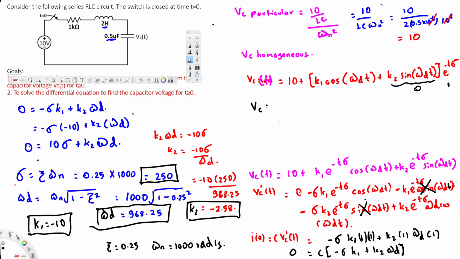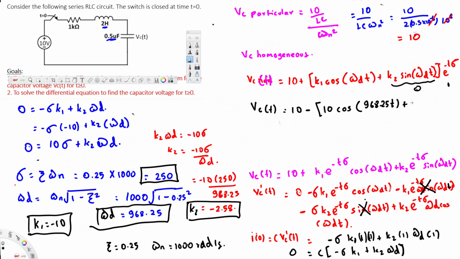So Vc of t, therefore we can say Vc of t is equal to 10 plus k1, which is negative 10. But instead of writing negative 10 here, we can take the negative common. If I take the negative common, this is going to be just 10, and cos omega d t, where omega d is 968.25, so this is 968.25 t, plus the k2 value is negative 2.58, but we took the negative common, right?